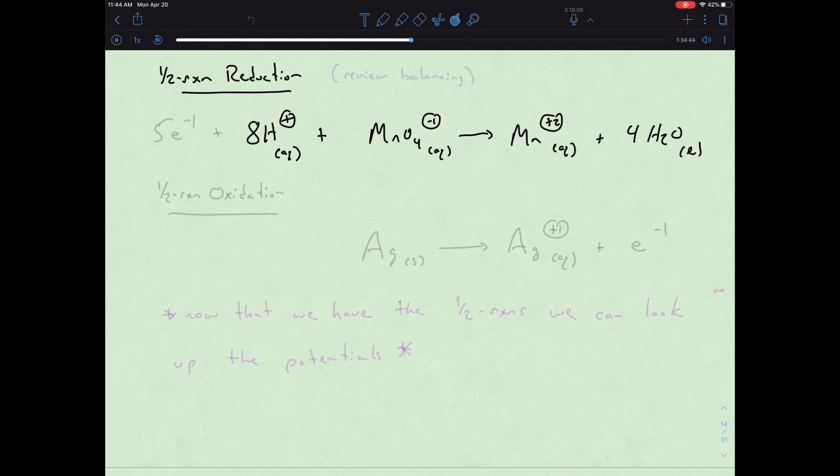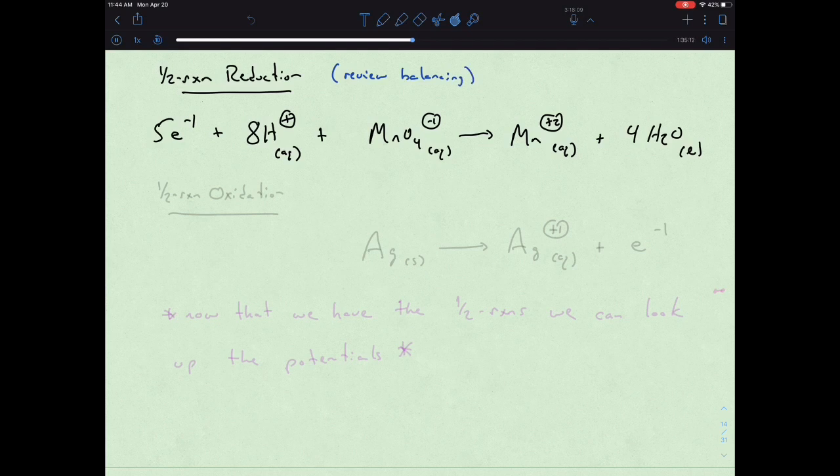And then with the charge, we would add 5 electrons. And so there is our balanced half reaction for reduction. You may need to review balancing if that was difficult for you.